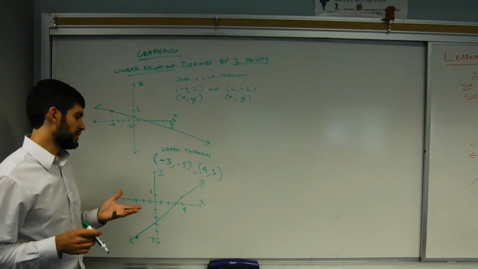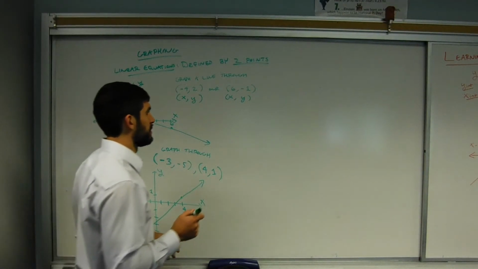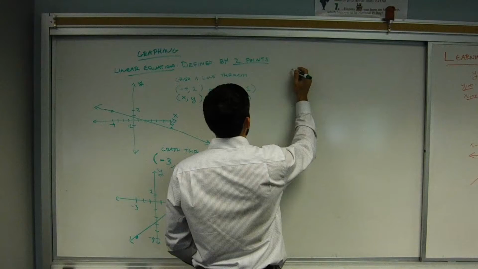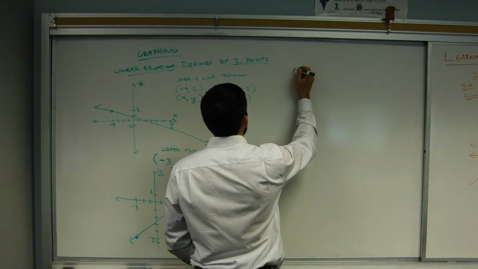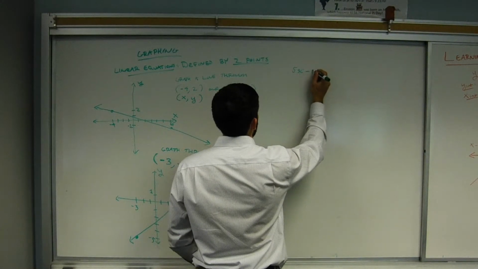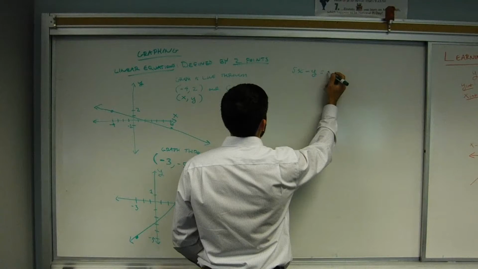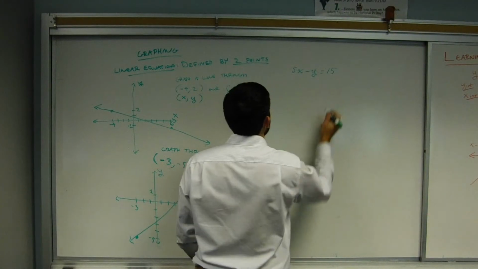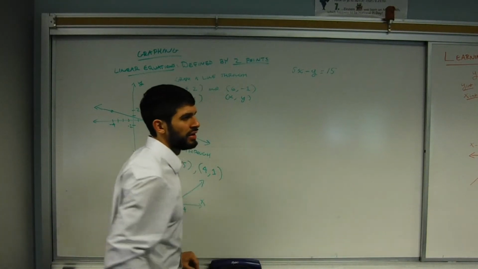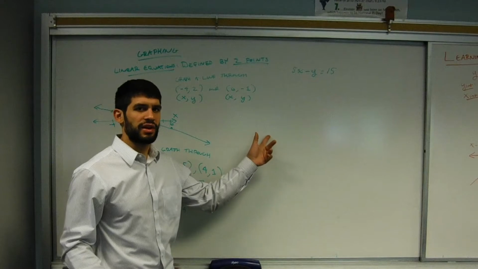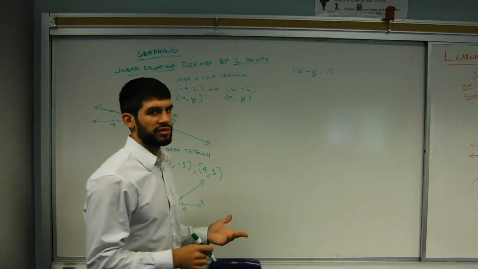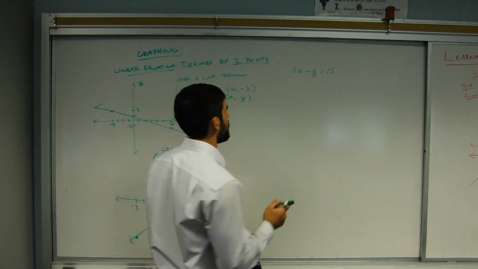This is really useful to us because now if we're given an equation for a line, suppose we have 5x minus y is equal to 15, all we need to do to graph this line is find 2 points that are on this line, graph them, and then draw a straight line through them. 2 points that are really easy to find are the x and the y-intercept.